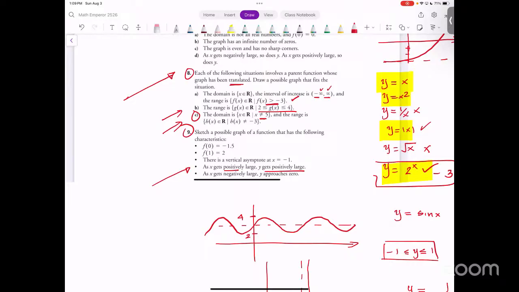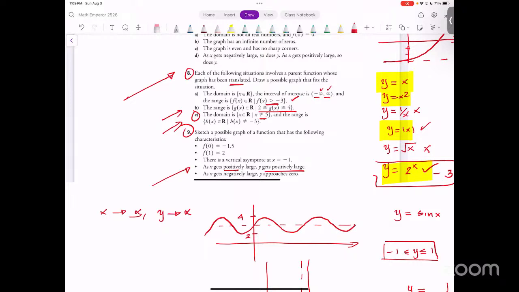So the numbers became big. Yeah, what is that mathematically? If x goes to infinity, then y goes to infinity.